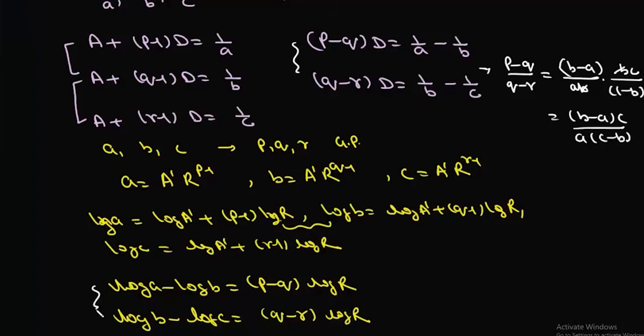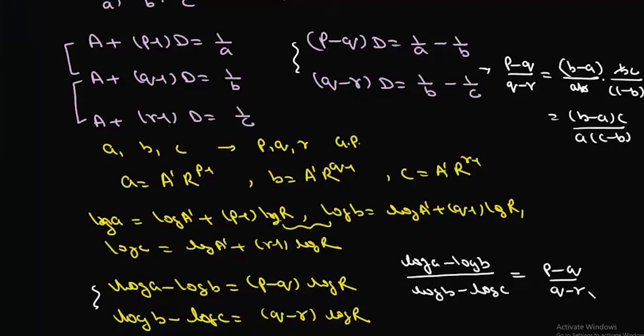And if we divide these two, we can write (log a minus log b) upon (log b minus log c) will be equal to (p minus q) upon (q minus r).